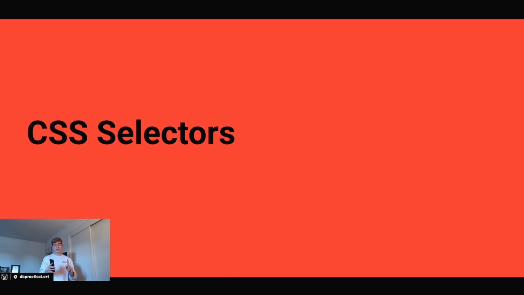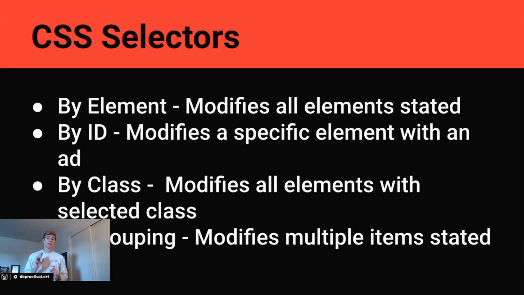So, some basic selectors. You can select by element, which modifies all elements stated. So if you select by P, that's all paragraphs. You can select by ID, which modifies a specific element with a specific ID, not AD. You can only really change one thing on your website this way, because IDs are unique.